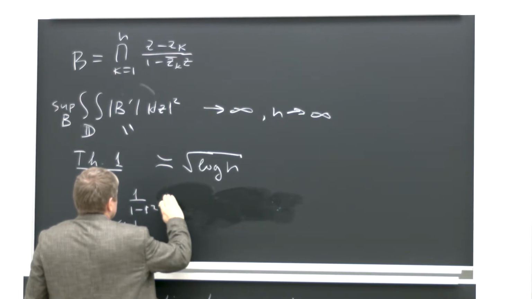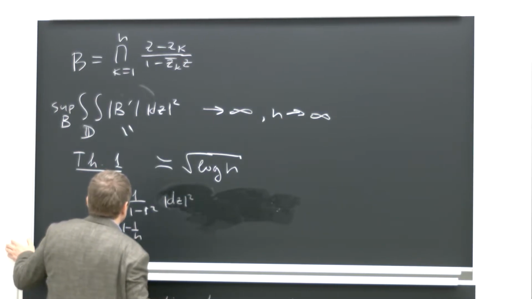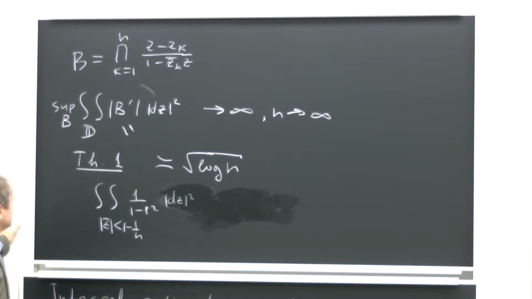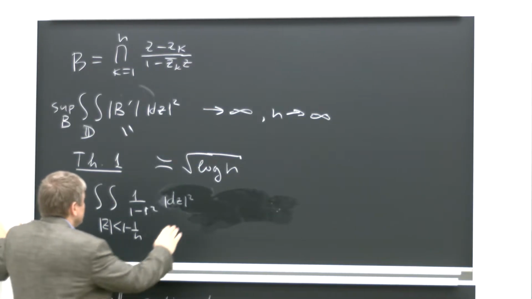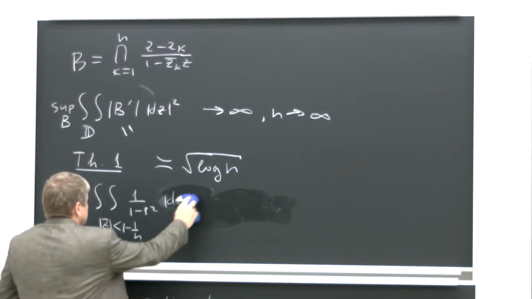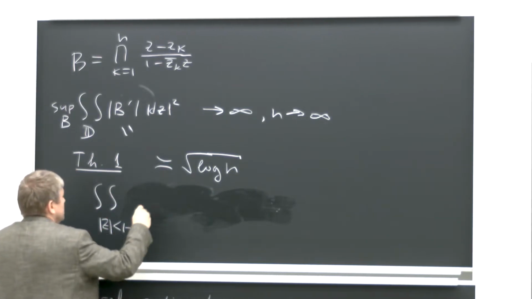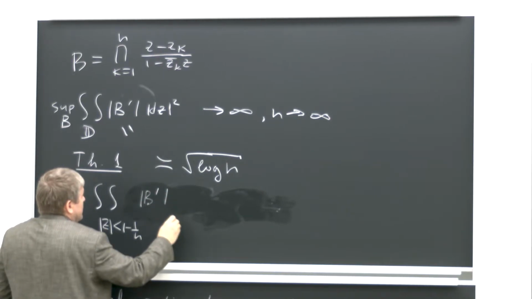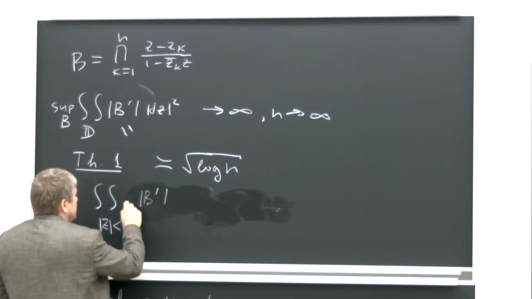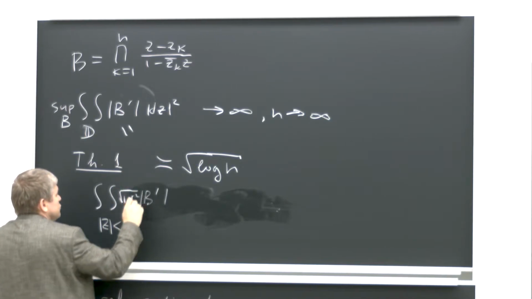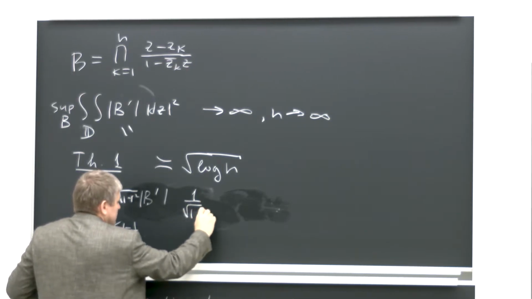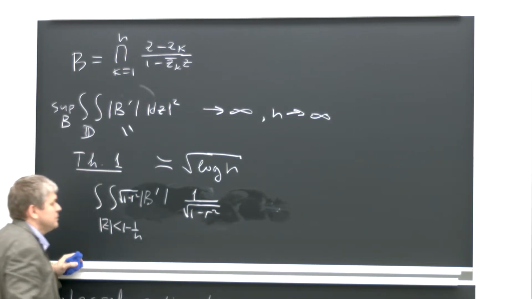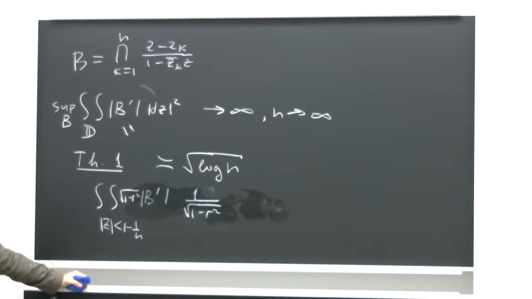It is better to write it in this form: B prime, and we multiply by the square root of 1 minus r squared and divide by the square root of 1 minus r squared.